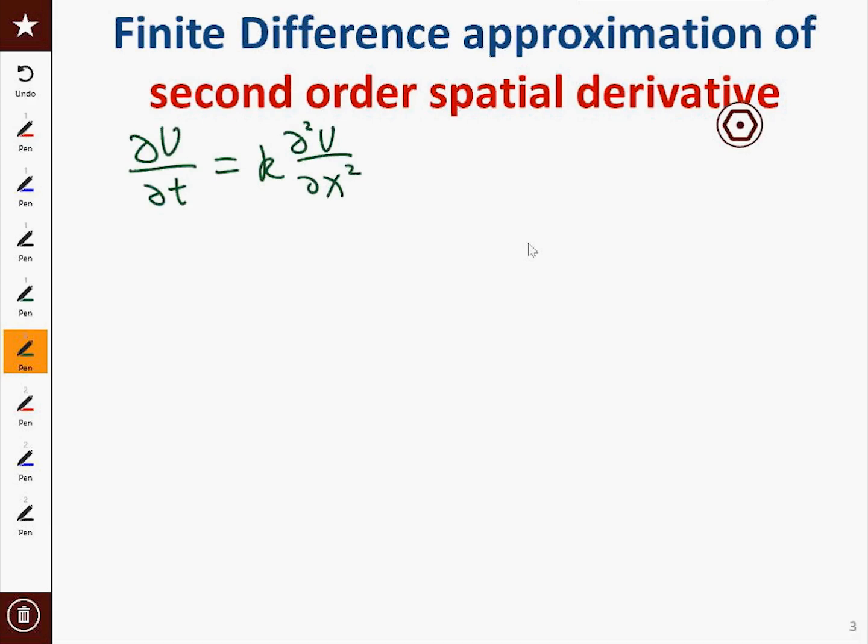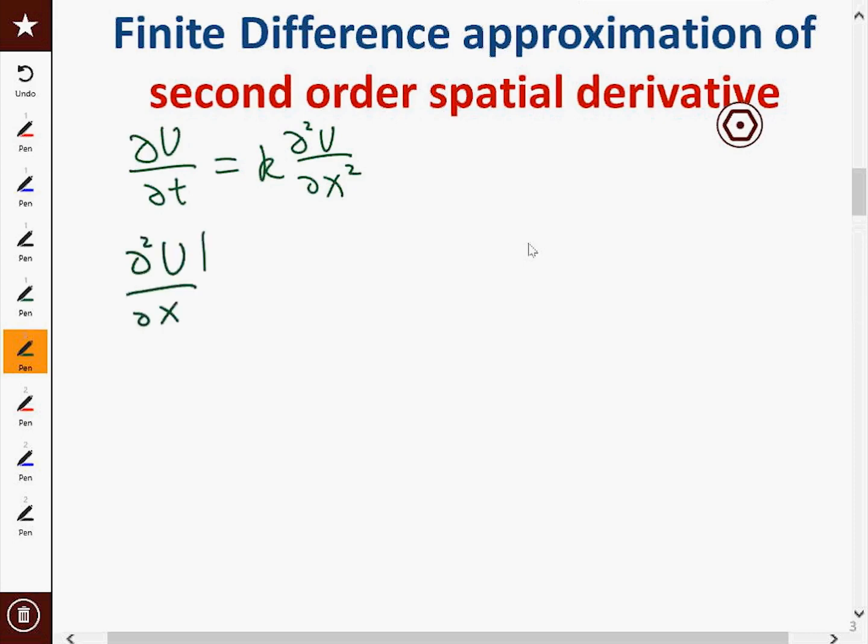And we can even have a mixed advection and diffusion equation. So how do we approximate this term? How do we approximate the second order derivative?